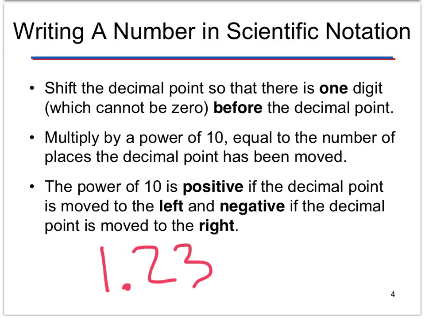We'll look at that here in a little bit. Finally, the power of 10 is positive if the decimal point is moved to the left, and negative if the decimal point is moved to the right. So let me repeat that. The power of 10 is positive if the decimal point has moved to the left. If it's been moved to the right, it's going to be negative.